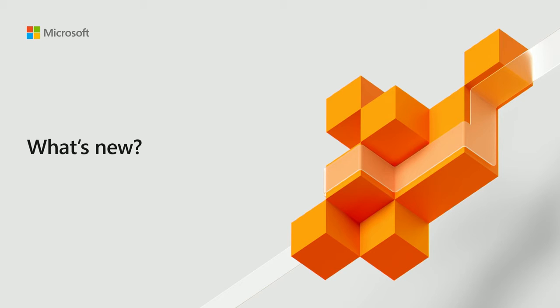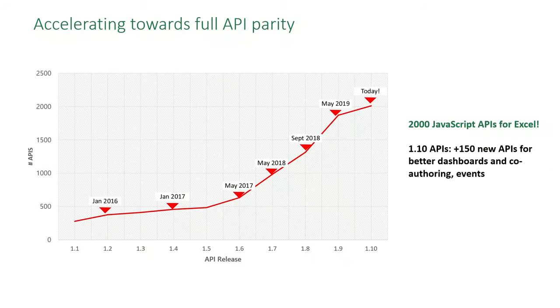So I wanted to share a bit more about what's new with the add-ins platform. The Office add-ins platform continues to evolve at a very rapid rate. Over the past couple of years, we've been on this journey to accelerate and get as many APIs as possible.